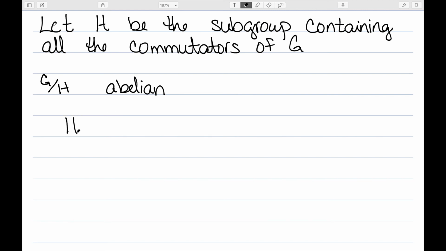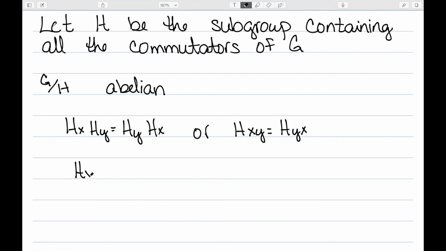So what I need to show is that Hx Hy is equal to Hy Hx. Or, equivalently, Hxy is equal to Hyx. Well, I've already shown in a previous video that Hxy equal to Hyx is true if and only if xy(yx) inverse belongs to H. So what I showed was Ha is equal to Hb if and only if ab inverse is in H. So a is xy, b is yx, and so I have that.